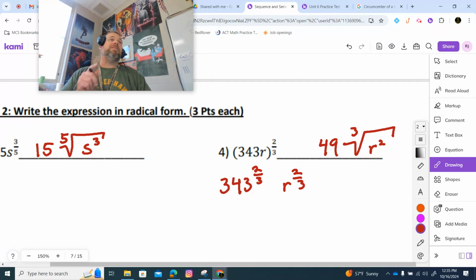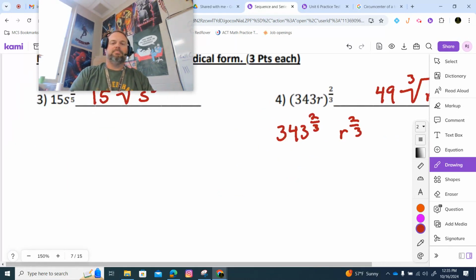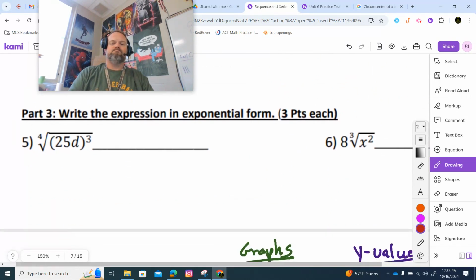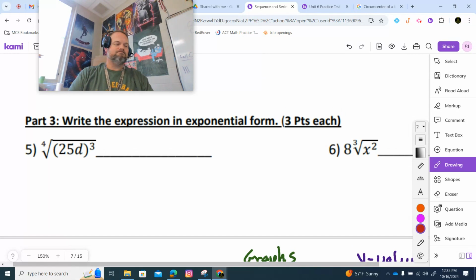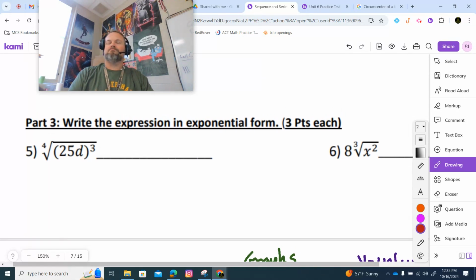If you don't laugh at that, you are wrong because that is freaking hilarious. Yes, I'm Caucasian. Who just asked if I was Caucasian? Somebody asked if I was Caucasian.